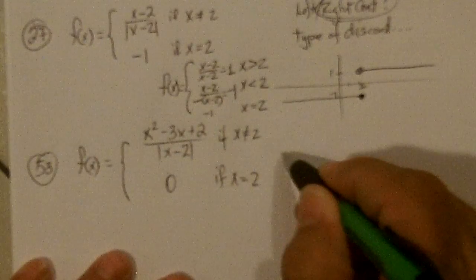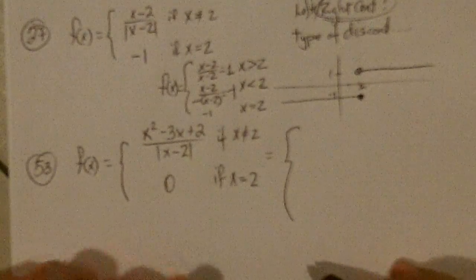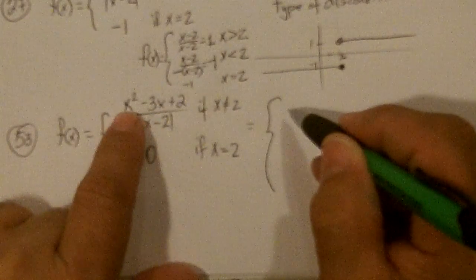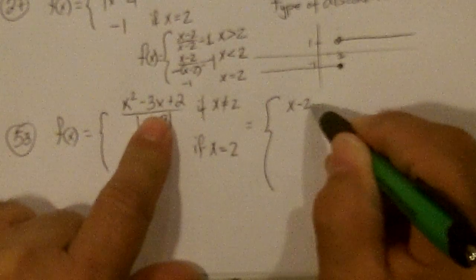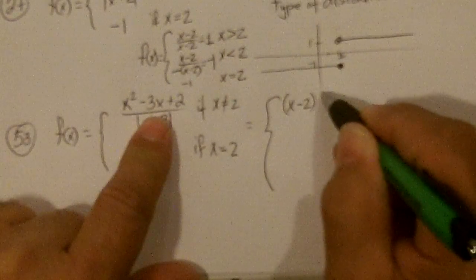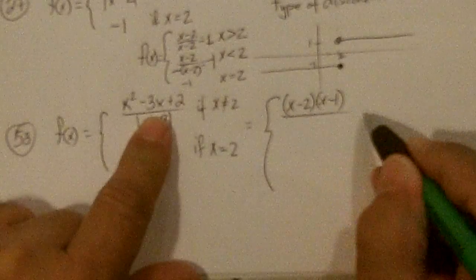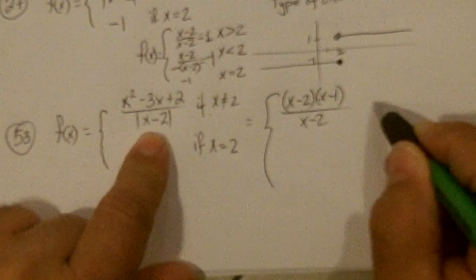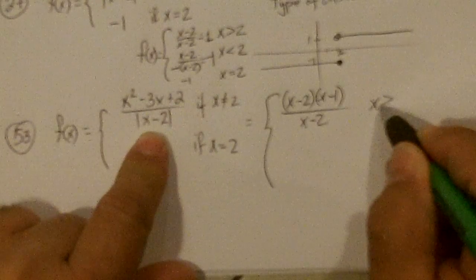So I'm going to rewrite this as 3 parts here. Now I'm going to factor this numerator, which is x minus 2 and x minus 1. And it would be over just x minus 2 as long as x was greater than 2.